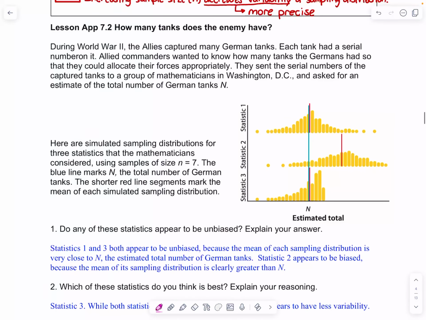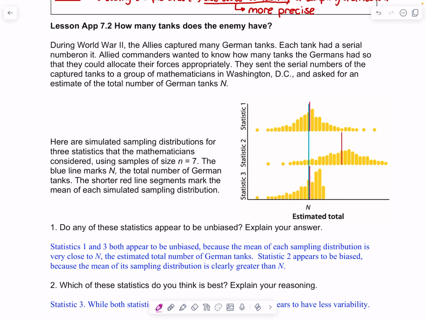This particular activity is really cool because it's based on a true thing that happened back in World War II. They wanted to see how many German tanks the Allies were facing, so they could see how much they needed to prepare against their enemy and help win the war.